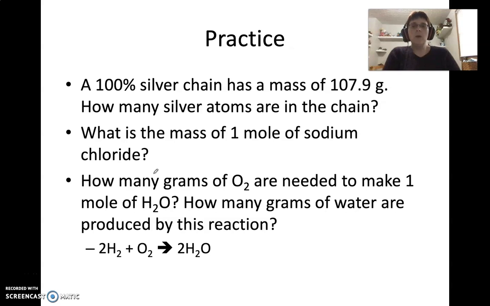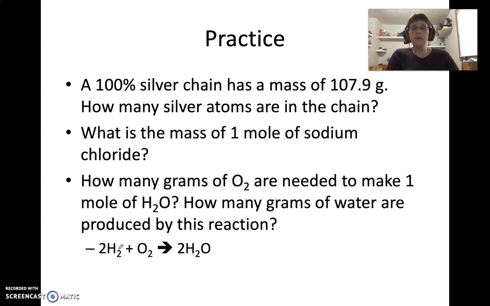First, we want to know how many grams of oxygen are needed to make 1 mole of H2O. Now, we've got on that previous slide the whole equation with all the numbers, but we can't actually use all of that necessarily. So let's take a look at what's here.